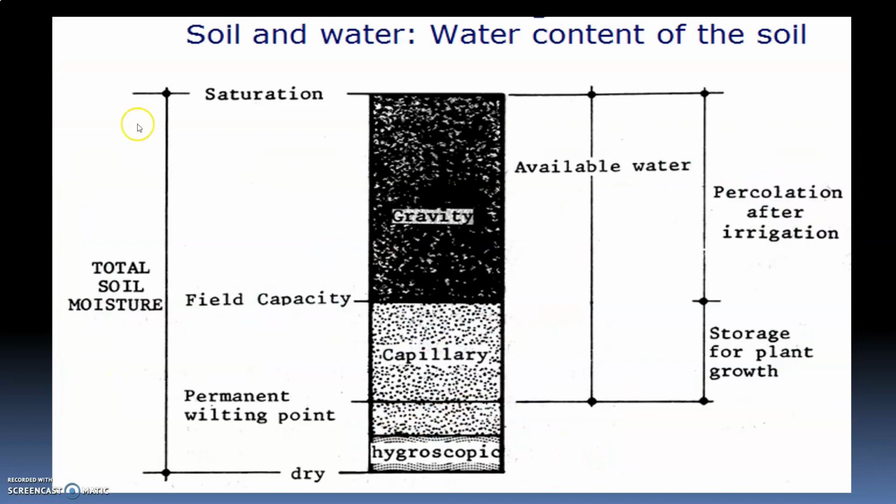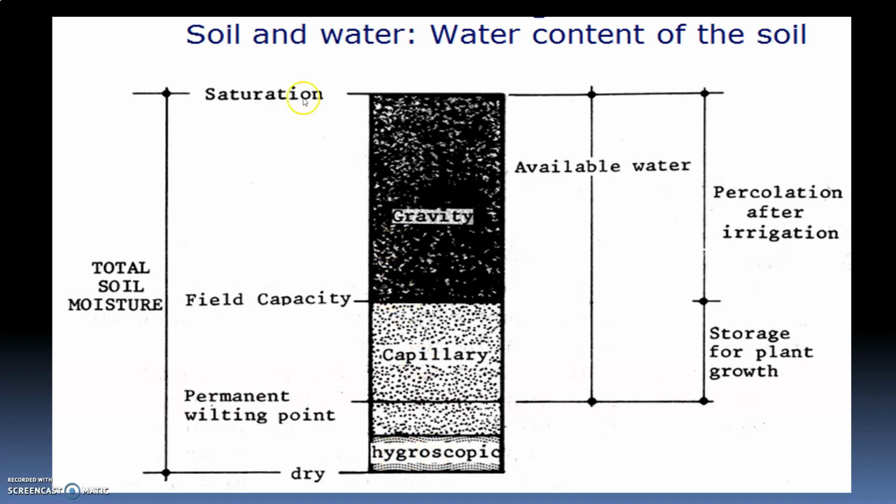So this is the overall water content of the soil, the soil and water diagram. Here you can see this portion of the water that is in the soil. It is called gravity water, and this is capillary water, and this is hygroscopic water.